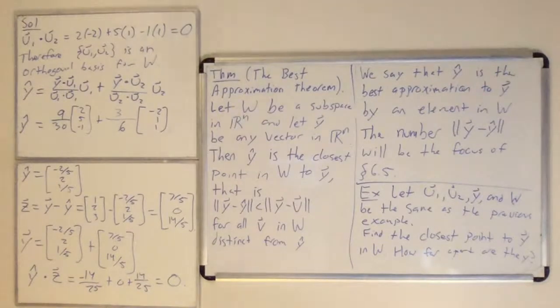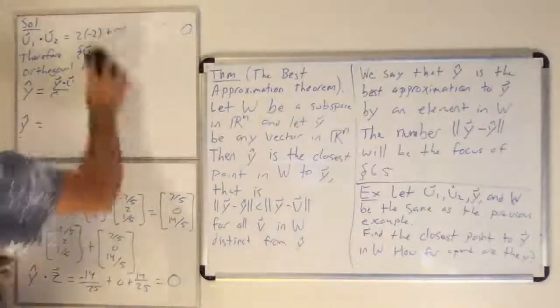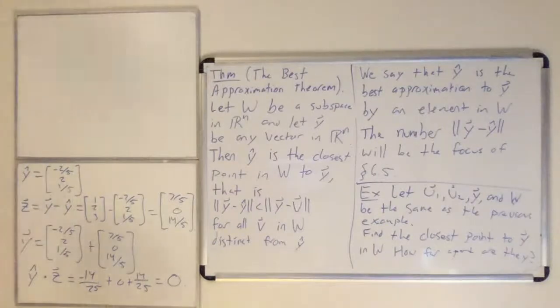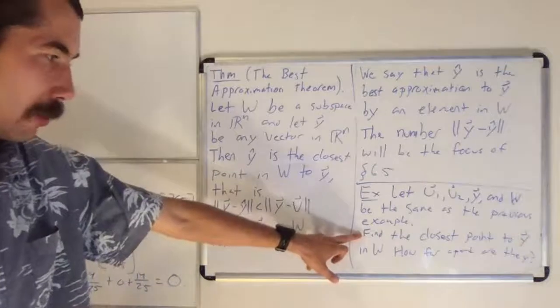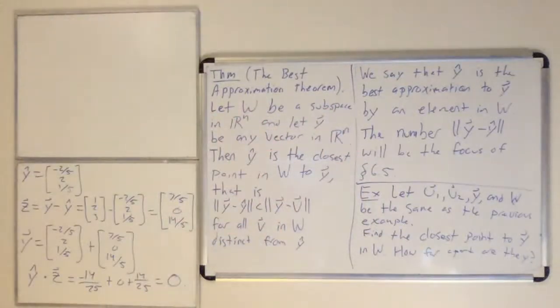We've done most of the work for this question. How do we find the closest point to Y in W? That's what the theorem tells us. And then how far apart are they? That's the next question. I'll give you a minute to think about this. Feel free to type in the chat if you want to share how you would do this question.